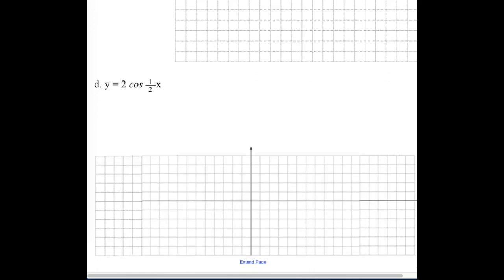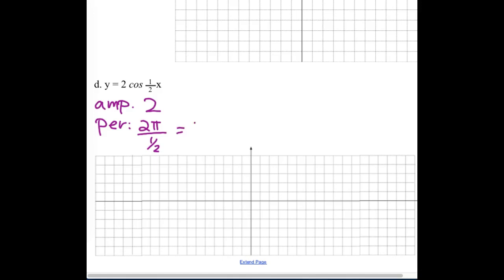We aren't going to graph these. I just want you to look at D here. What is the amplitude? Amplitude this time is 2. The period, though, the period is 2 pi divided by what? Dividing by 1/2 is the same as multiplying by 2.